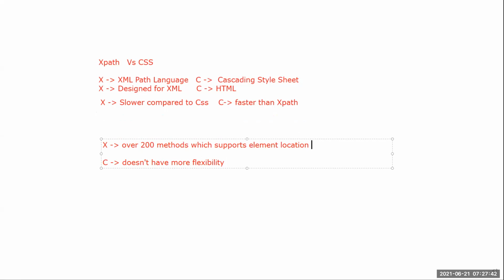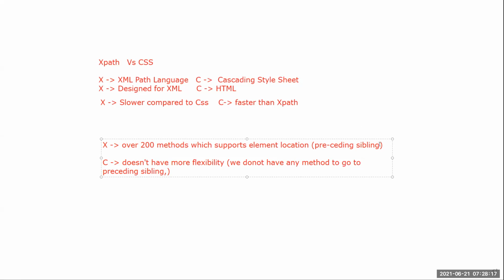For example, in XPath we have preceding sibling, right? We have learned it, right? Whereas in CSS, we do not have any method to go to the previous or a preceding sibling.